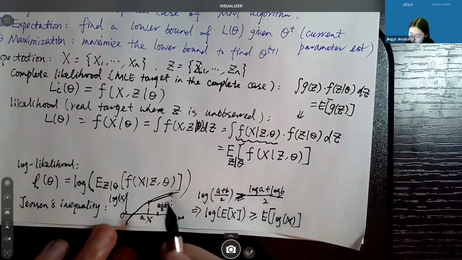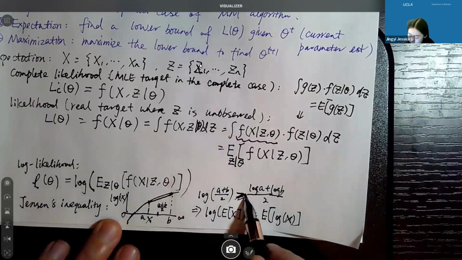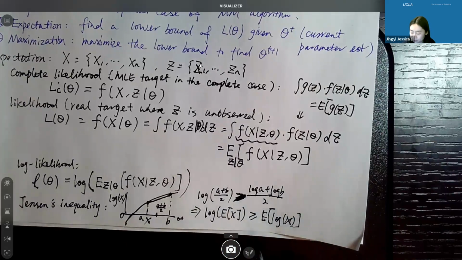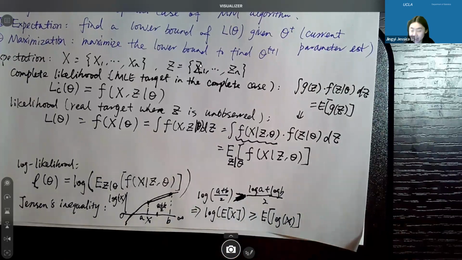For A and B it should be strictly greater than, but here we have this equal sign. The reason is that if x takes only one value, if x is not a random variable but a fixed constant, then these two sides will be the same because you don't need expectation anymore. Expectation can be removed. So this is Jensen's inequality.